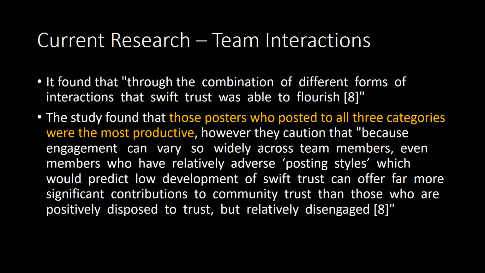They found that through the combination of different forms of interactions, swift trust was able to flourish. So the posters who posted to all 3 categories were the most productive. However, in the study, they caution that because engagement can vary so widely across team members, some members don't necessarily enjoy just posting to message boards, or they have different posting styles.